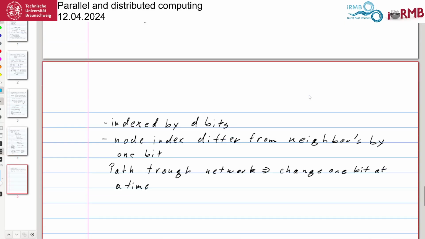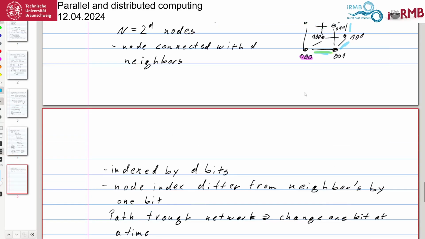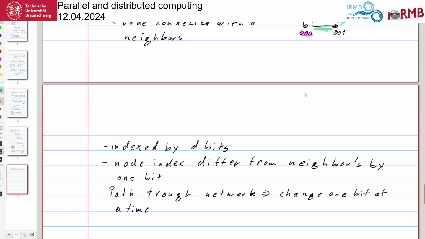I have the challenge that I cannot keep this in focus while writing. So say we have 0, 0, 0. This is our index. We change the last bit, 0, 0, 1. Then we change this bit, 0, 1, 1.